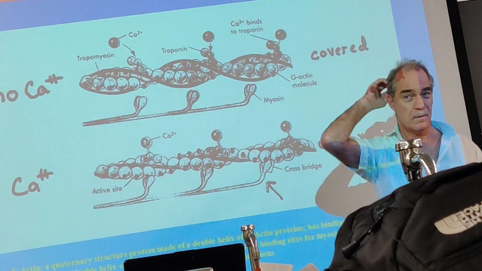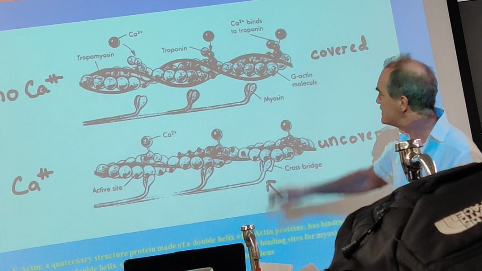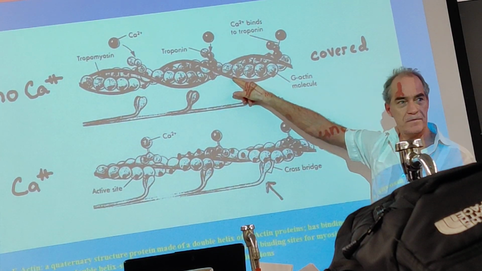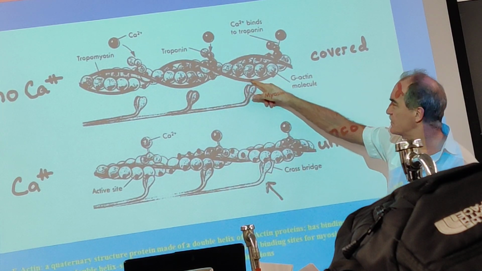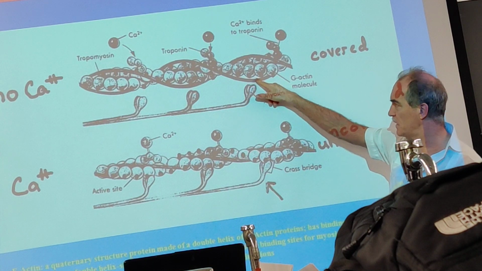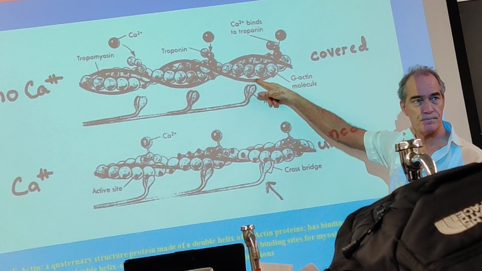Now, tropomyosin's job is, as you can see right here where my finger is, it puts itself in a conformation where it blocks the binding site for myosin. So myosin wants to bind, but it can't because it's blocked by tropomyosin. See that? It's blocking it.